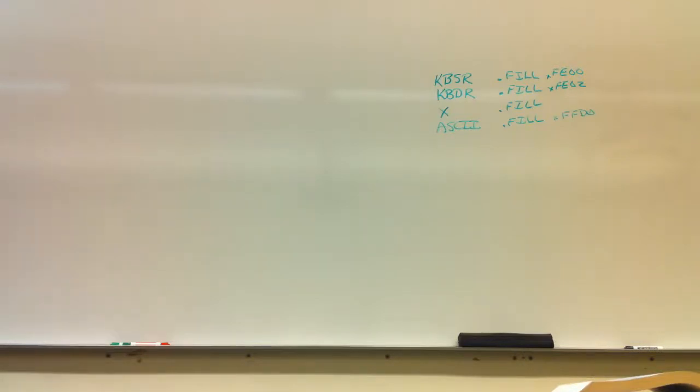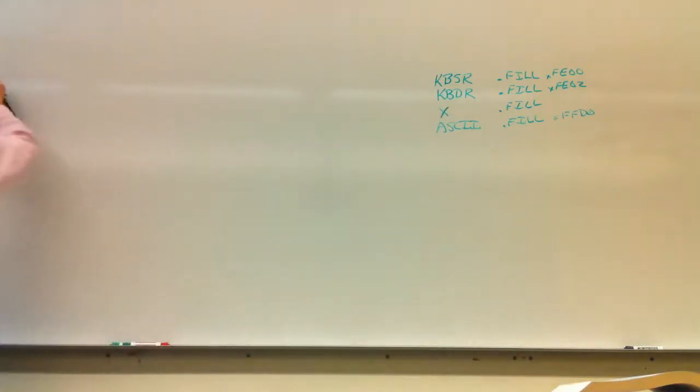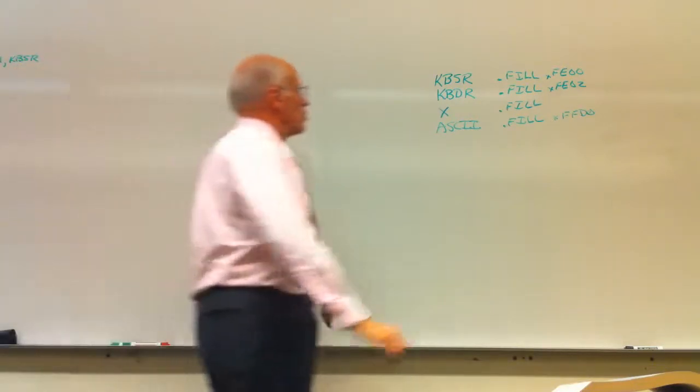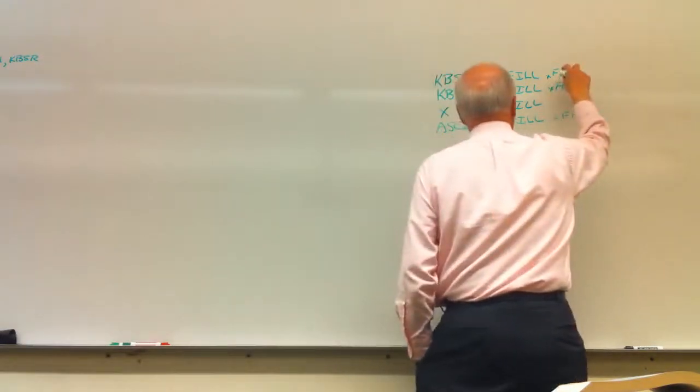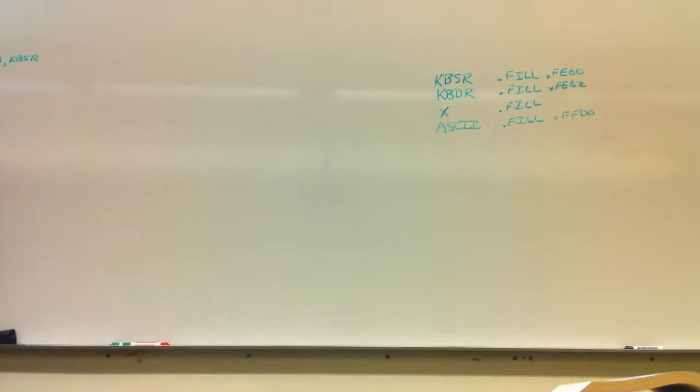Usually the easiest way to do that is to load a register, except that we're going to load indirect, so that we don't load this thing. We use this thing as an address to find what's actually out there.